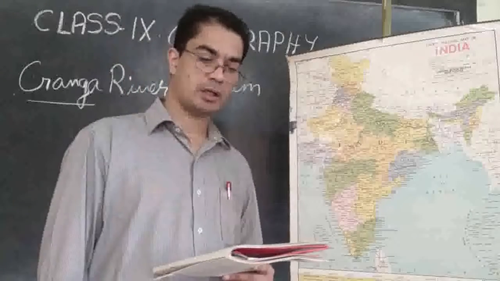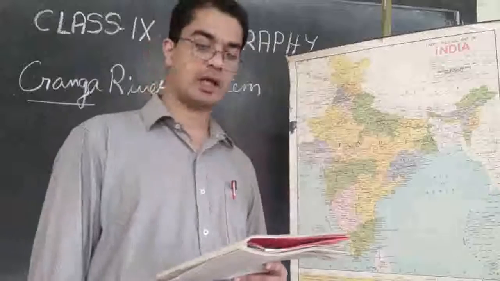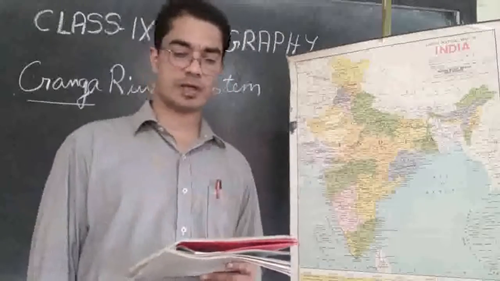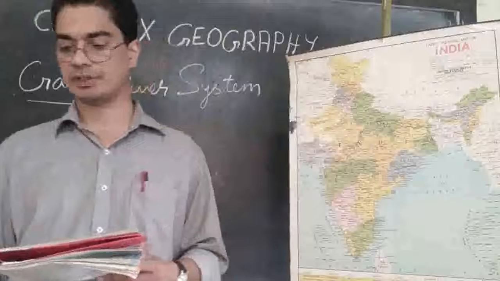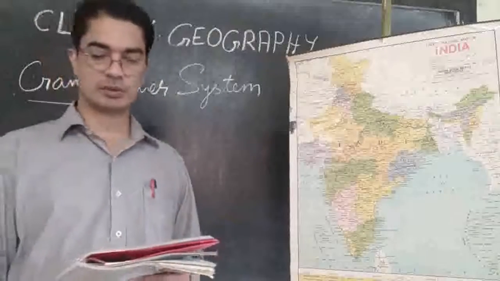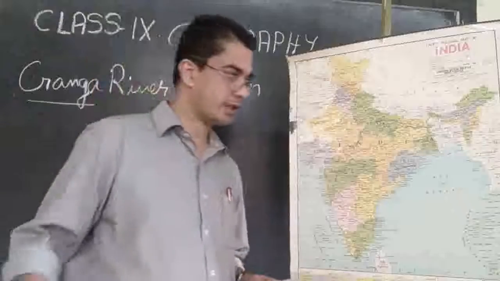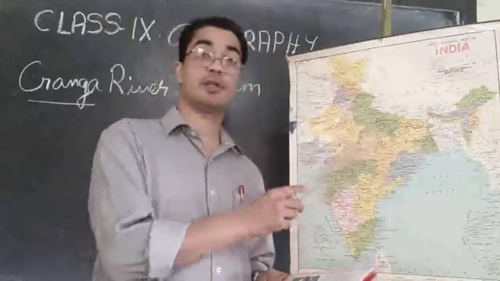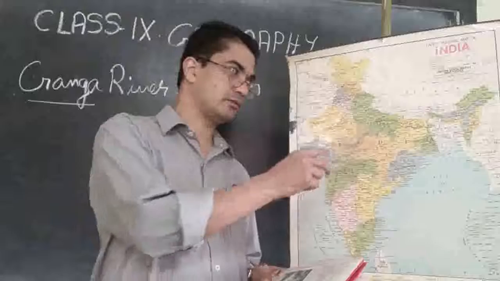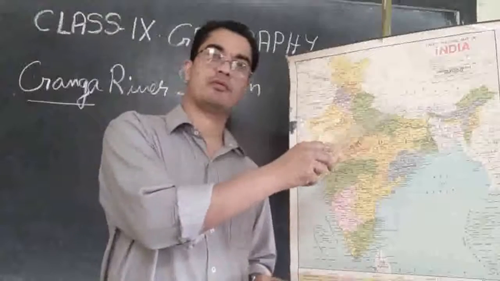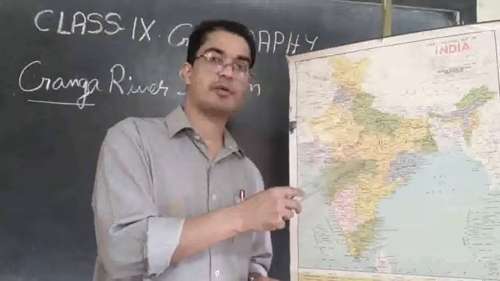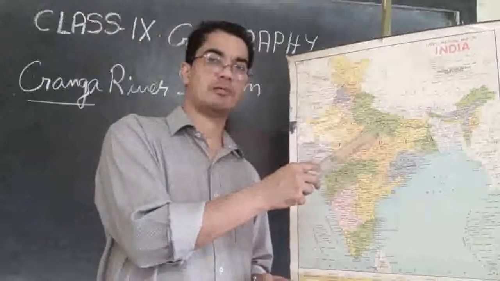The Ganga, enlarged with waters from its right and left bank tributaries, flows eastwards till Farakka in West Bengal. So this river Ganga is enriched with rivers from both sides: rivers coming from Himalaya and rivers coming from the peninsular uplands.